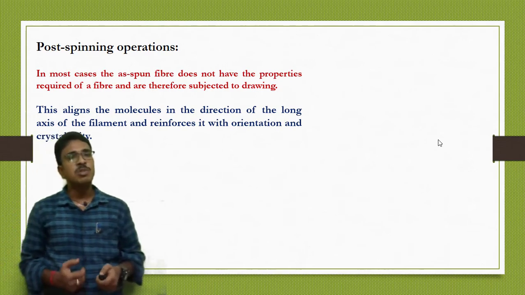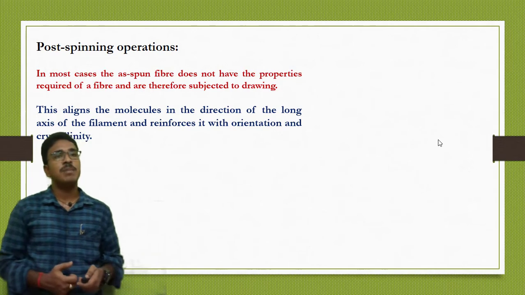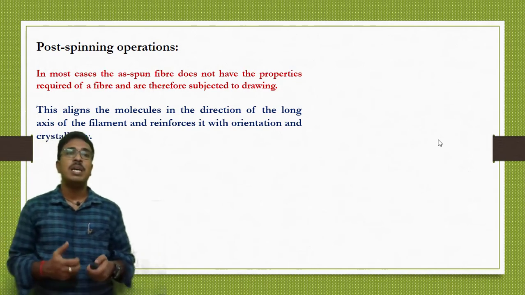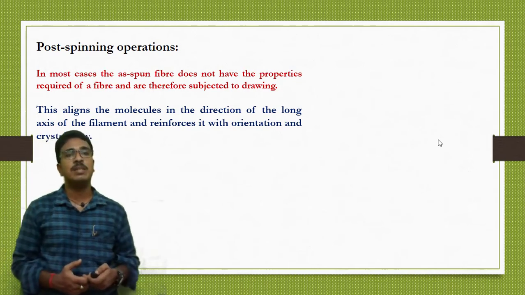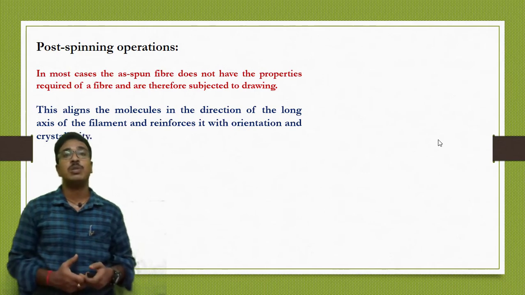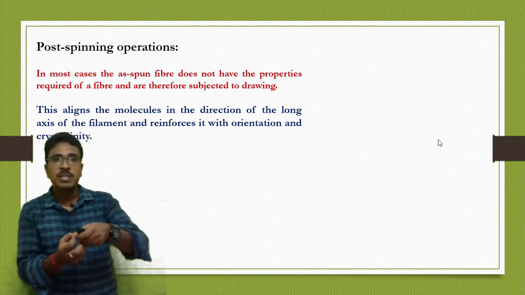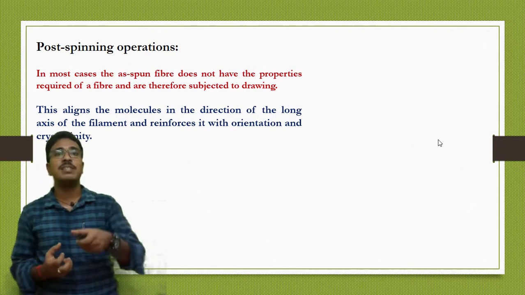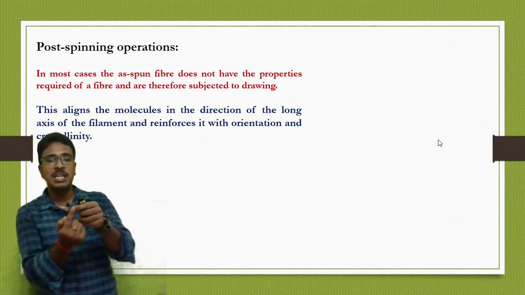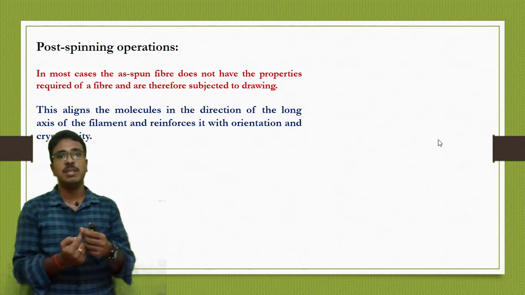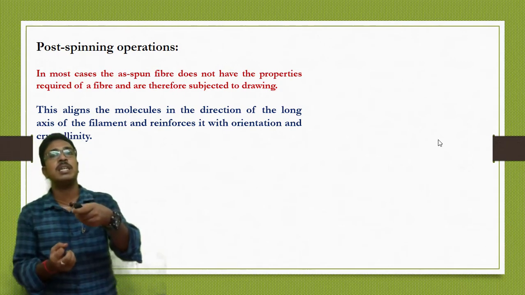Okay, in most cases, as-spun fibers do not have the properties required for a fiber and are therefore subjected to a process called drawing. Why? Because during stretching, for example, we take 1 centimeter length of fiber and stretch it up to 3 centimeters.